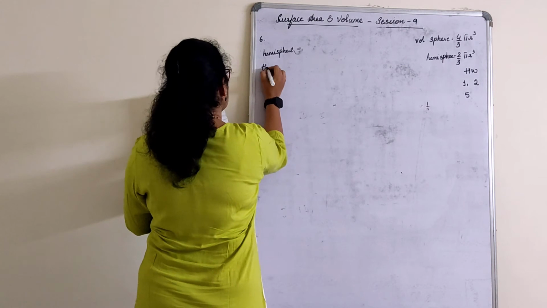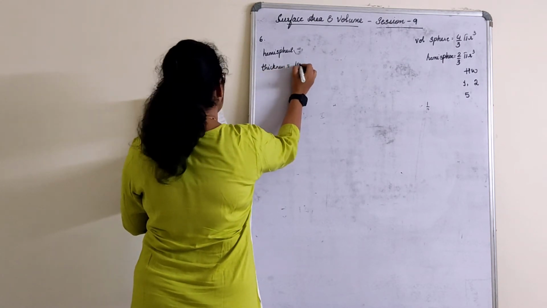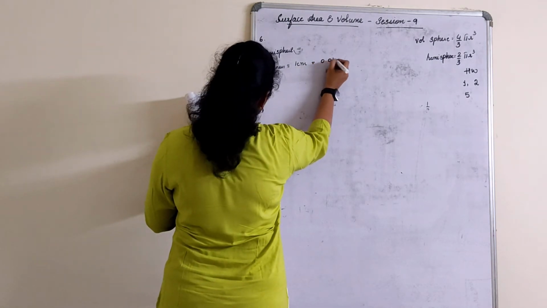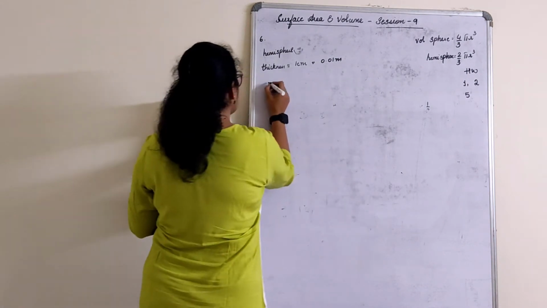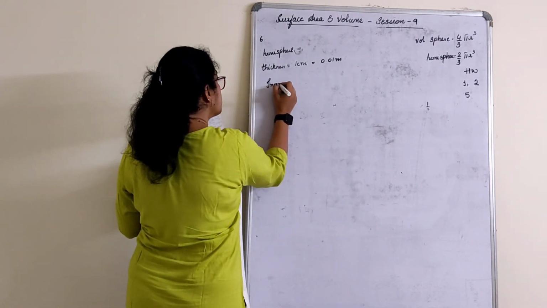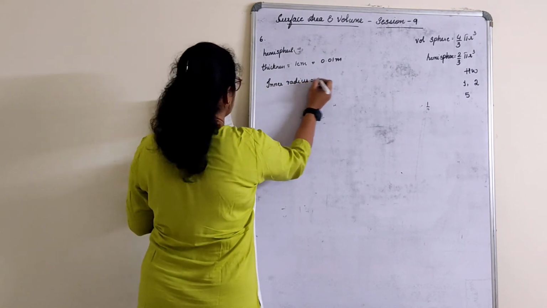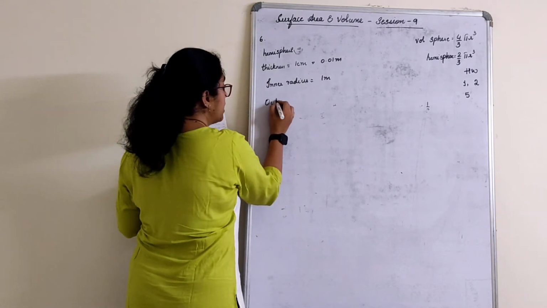So, thickness is how much? Is equal to 1 centimeter thick. I'll convert this in terms of meter, 0.01 meter. Inner radius is equal to 1 meter. Therefore, what will be the outer radius?